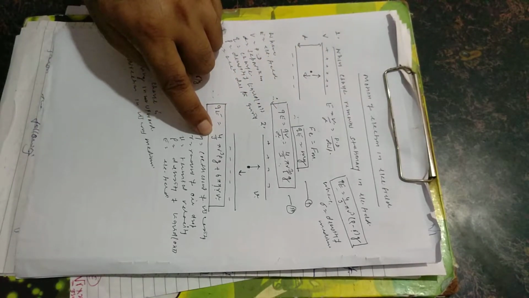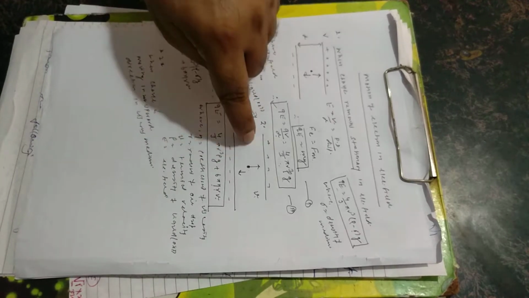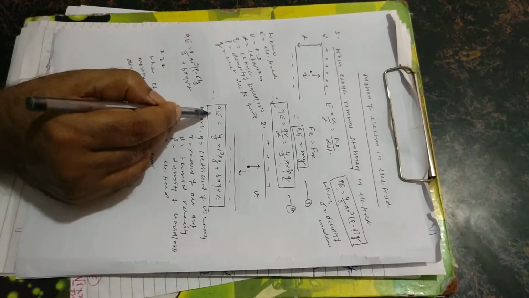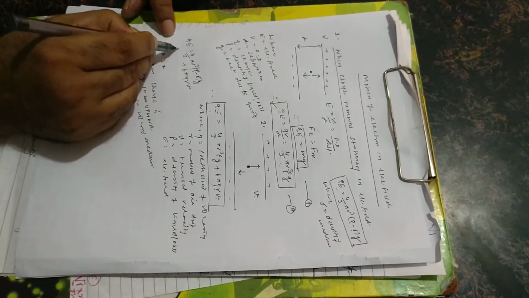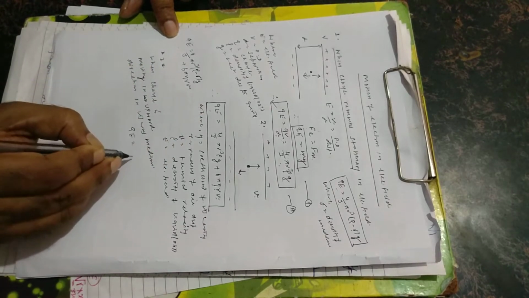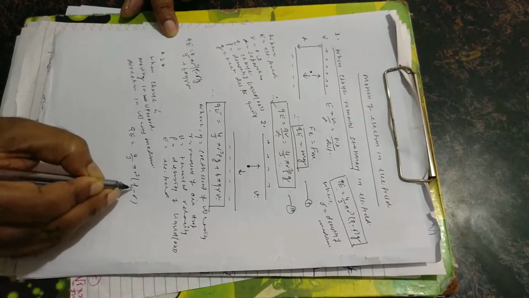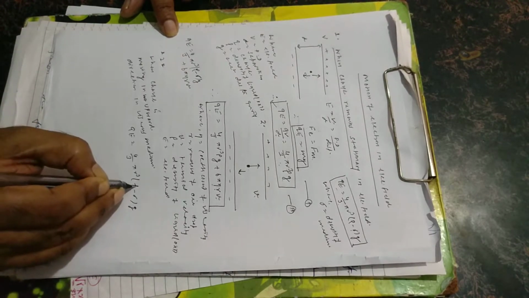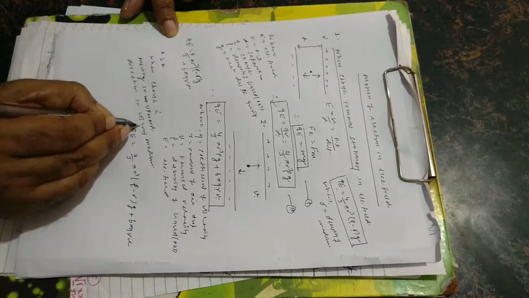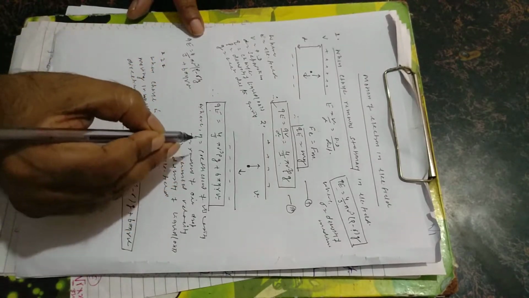Charge is in motion if there is no medium at that moment, and if the medium is present and the charge is moving in upward direction, at that moment this equation: qE equal to 4 by 3 pi r cube, rho minus sigma, g plus 6 pi eta r v. So this is the second type.